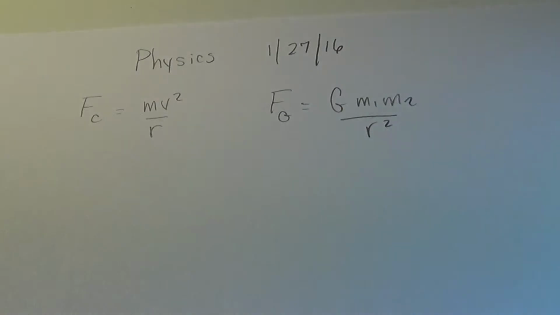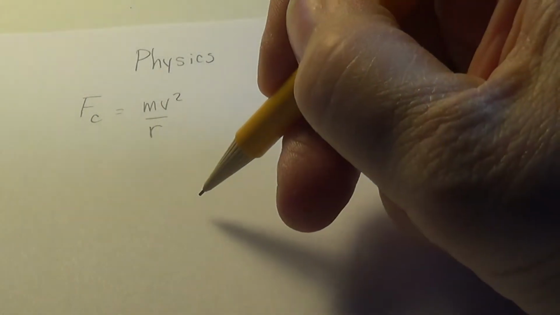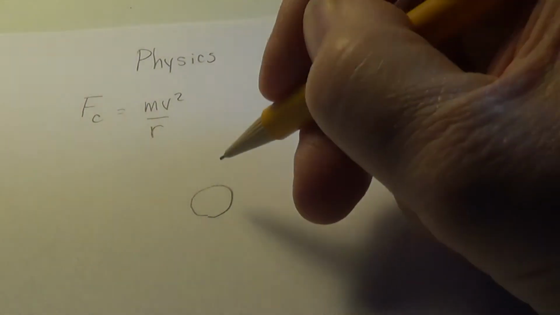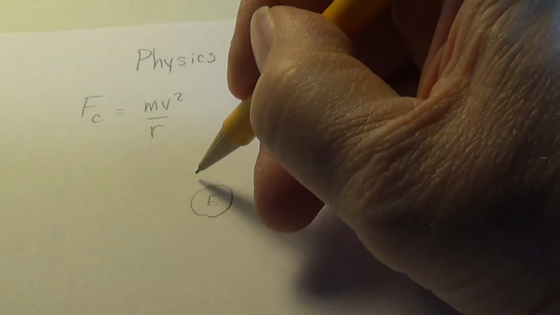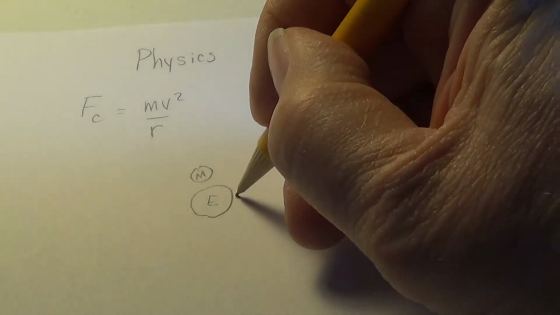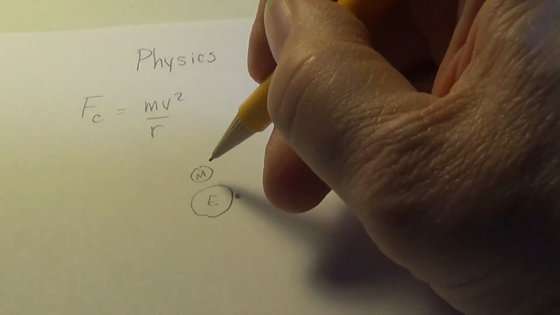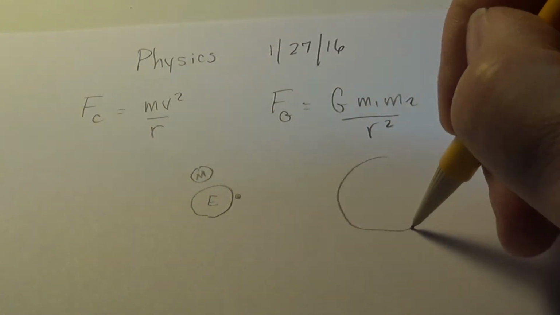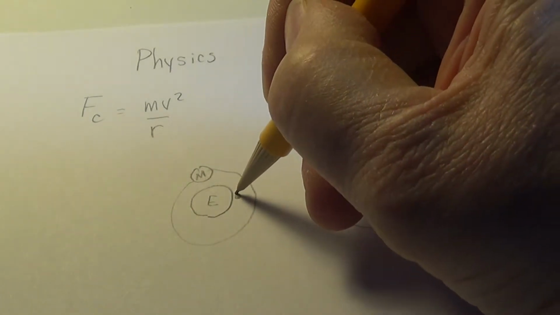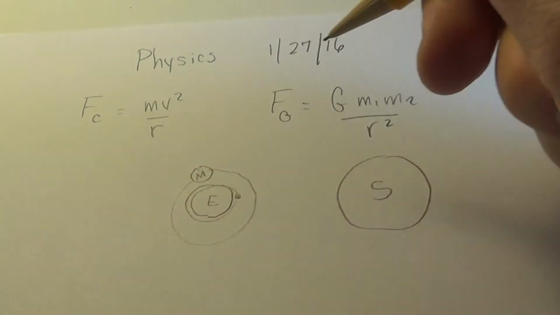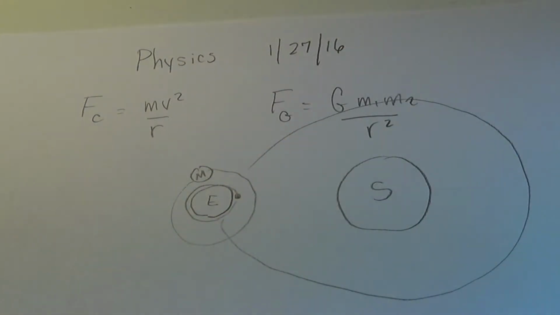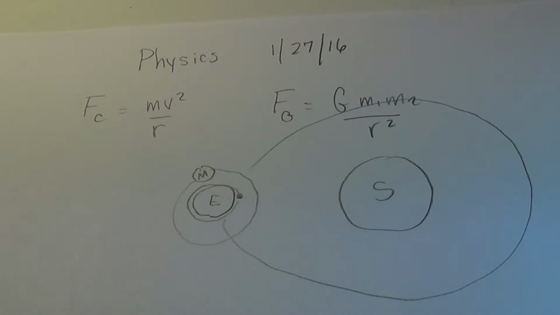When we have something like the Earth, and the moon is going around the Earth, or a satellite is going around the Earth, or the Earth is going around the sun, this is caused by centripetal force.